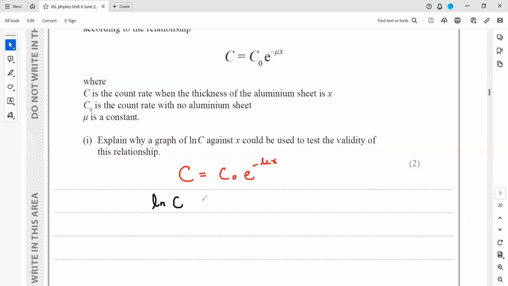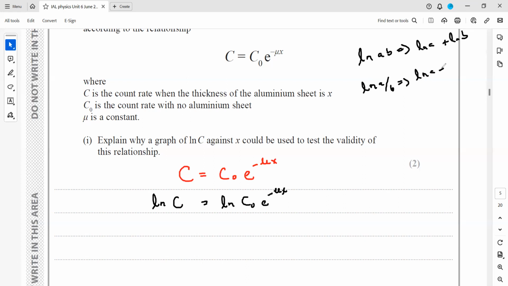So this will be ln C equals ln of C naught e raised to the power minus mu x. Remember, when two quantities are multiplied inside a log, how do we write them? We write ln A plus ln B. When two quantities are multiplied, we write them as an addition. When two quantities are divided, like if A divided by B was there, then we subtract, it will be ln A minus ln B.